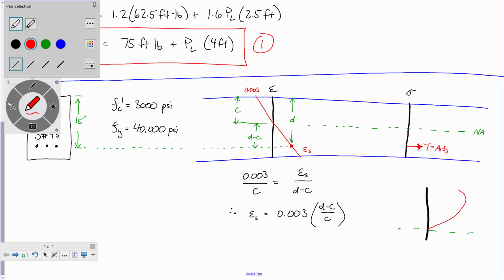So we represent this shaded area right here with an effective rectangular distribution. Remember that? So our stress block up here, it's a little bit above, acting in compression.